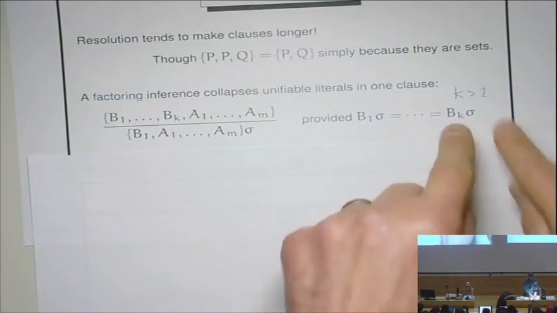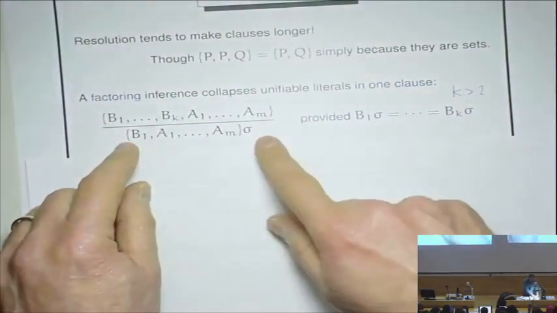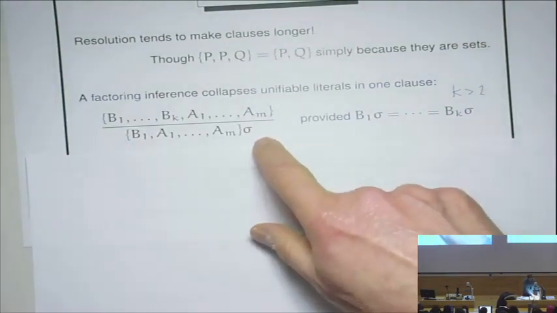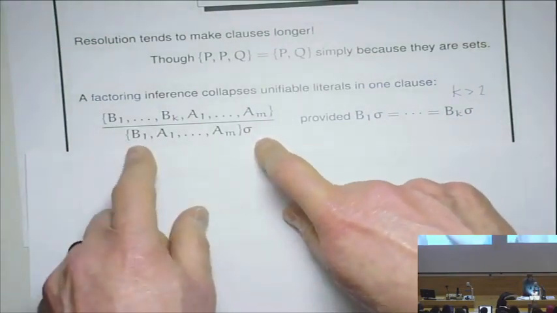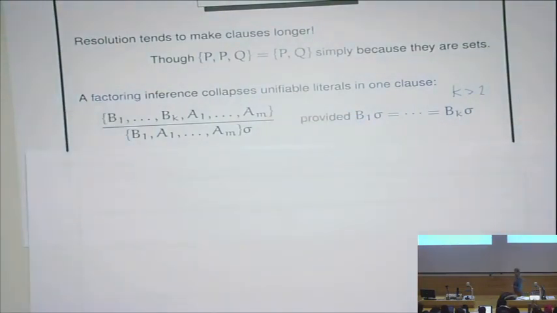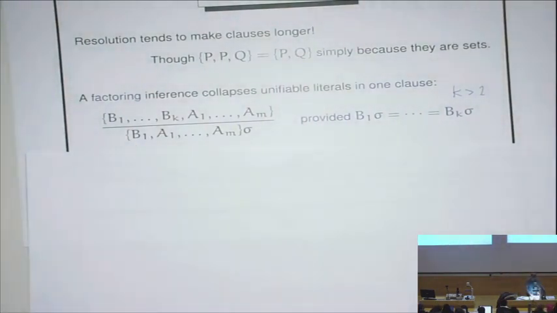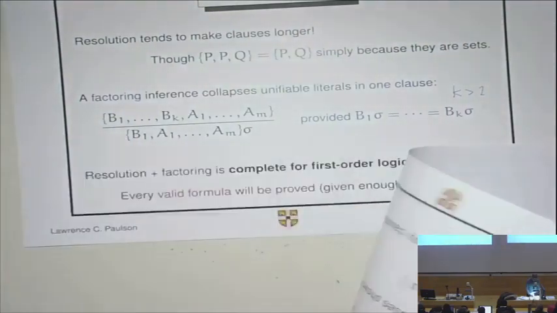So I find a unifier of all those literals, I apply it, and I now make a new clause. This clause will typically look less general than what we started with, because unification will replace variables by constants or whatever, but it will be a shorter clause. I have some examples, we'll see how this helps us out.